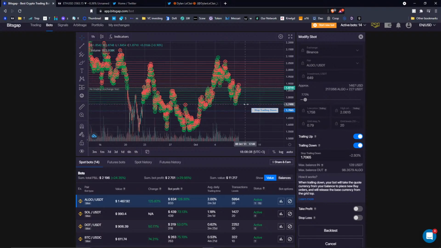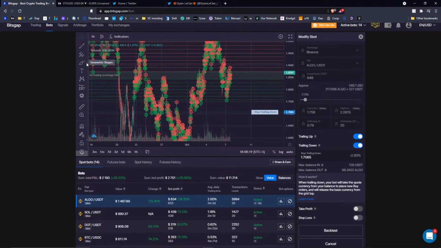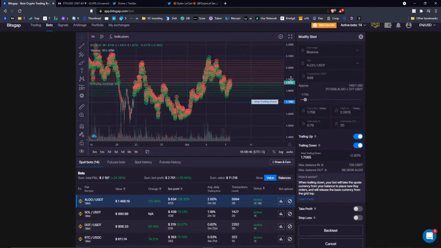So that means if the price breaks the lowest limit buy order that you see on the chart now, in that case it will automatically open new limit buy orders right below this lowest limit buy, and down until the stop trading down. So with this trading down, you just basically extend your trading range. If you feel like the initial trading range is not sufficient and it makes sense for you to extend it, then yeah, trading down is a perfect solution.